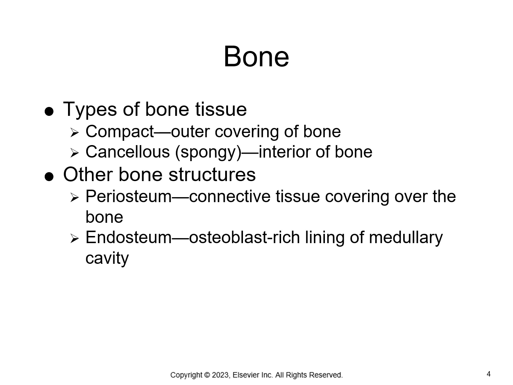Bone tissue consists of two types. Compact bone is formed when many of those Haversian systems are tightly packed together to produce this strong, rigid structure to form the outer covering of the bone. Cancellous or spongy bone is less dense, and it forms the interior part of the bone. The spongy bone doesn't have the Haversian system, and it's made up of plates of bone bordering cavities that contain marrow.